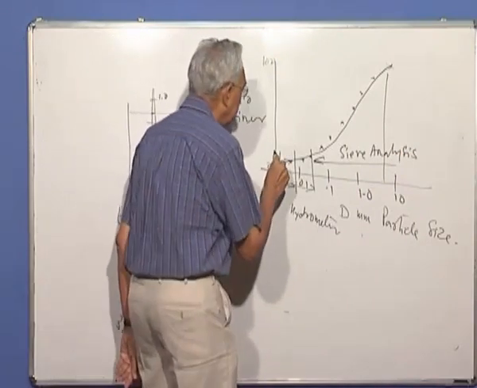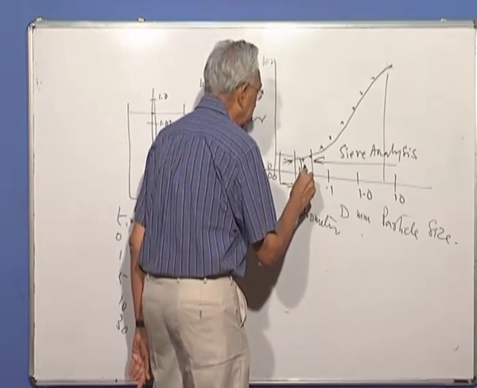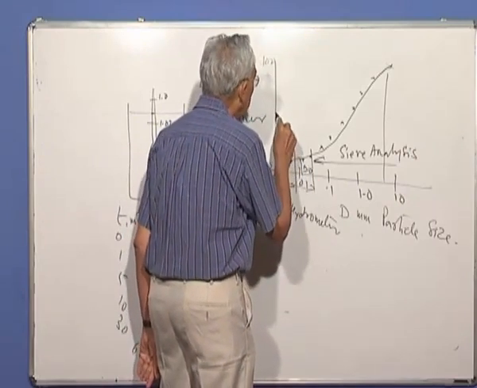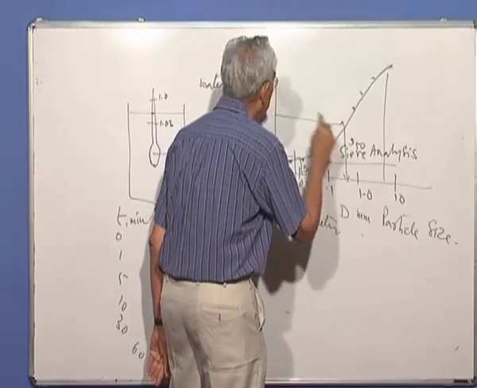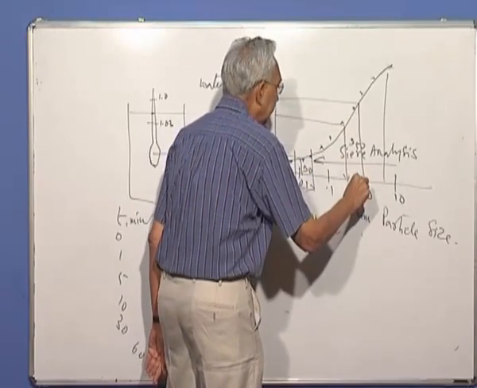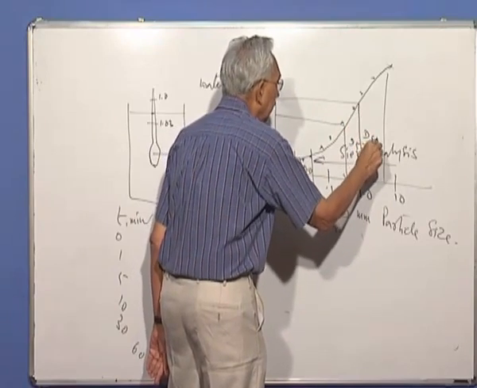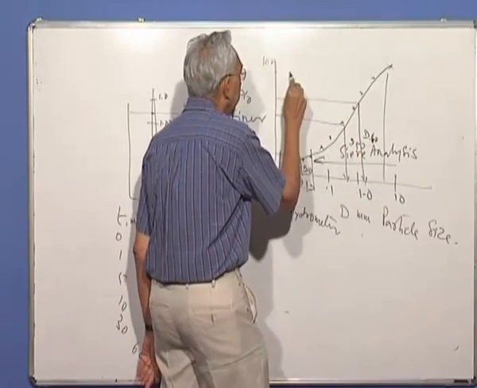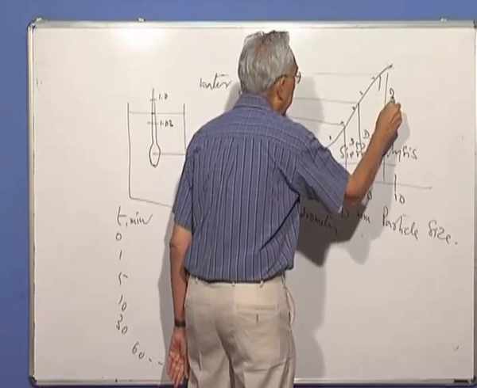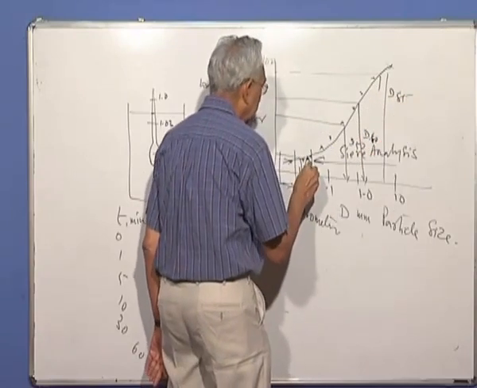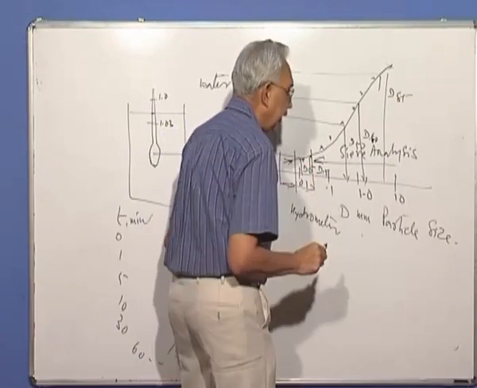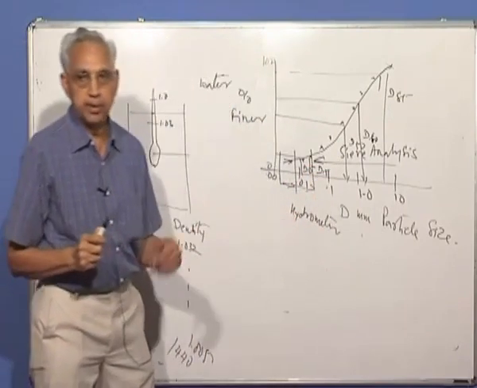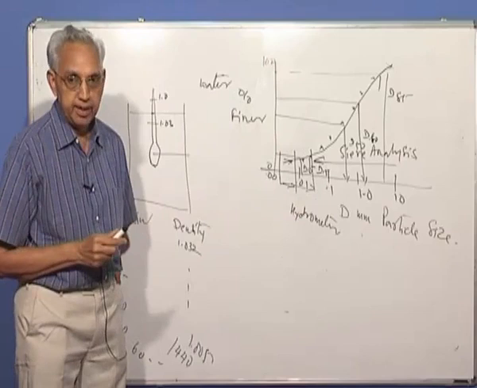Now I can show you clearly. This is D10, D50, D60, and of course somewhere else we use D85, and in some other designs we need D15 too. I can get different sizes corresponding to percentage finer.